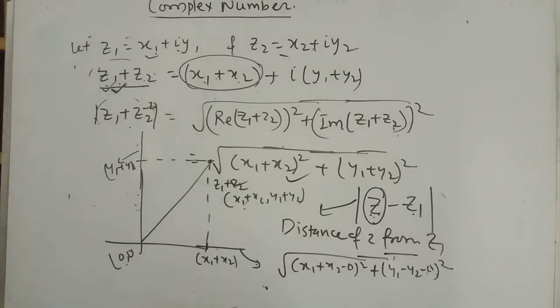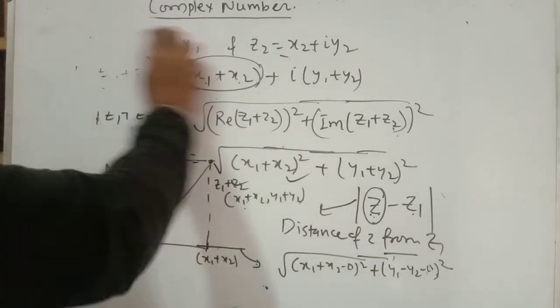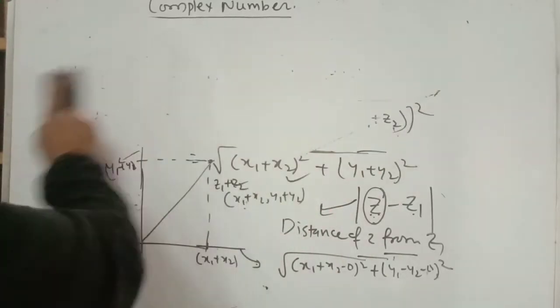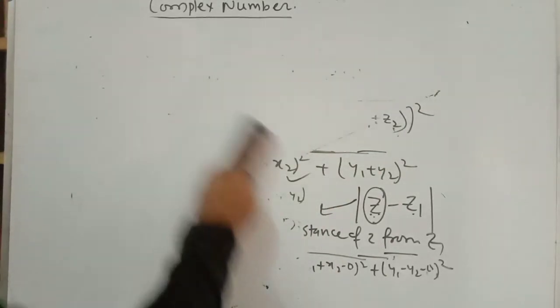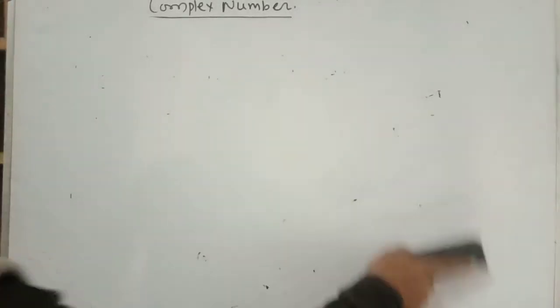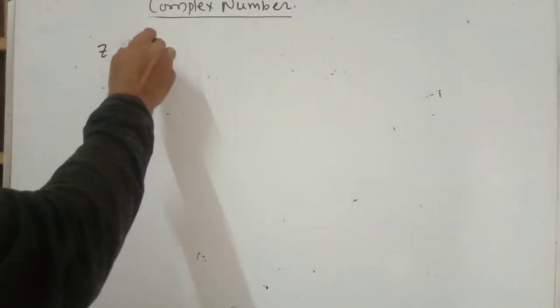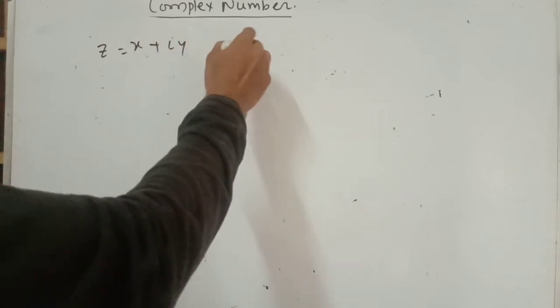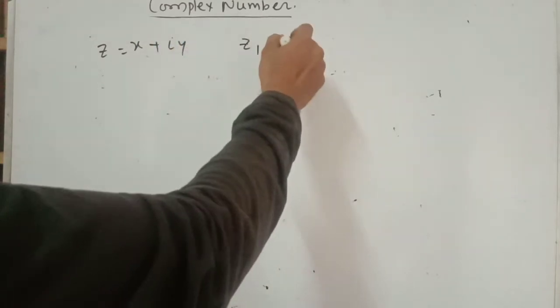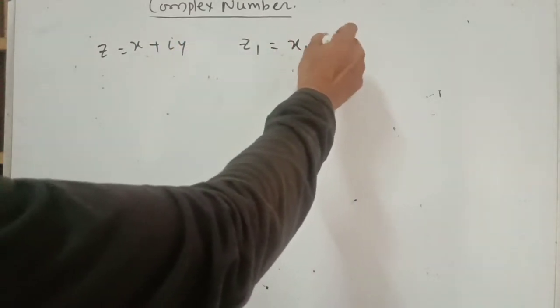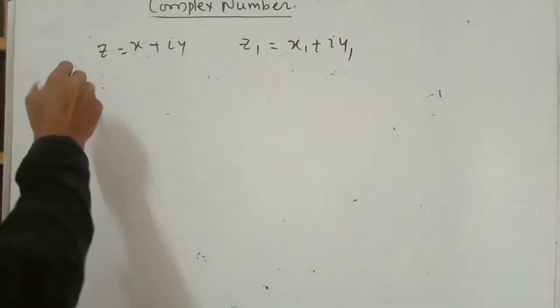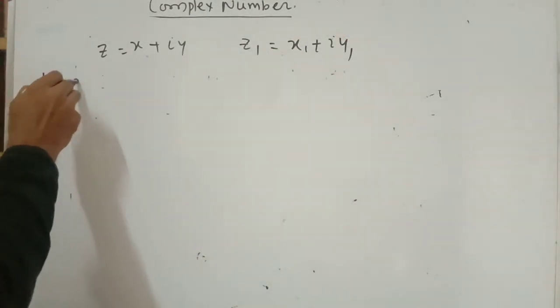Okay, let me take another example in the Argand plane. Let me consider a complex number z equal to x plus iy, and another complex number x1 plus iy1. Now we are going to find modulus of z minus z1.